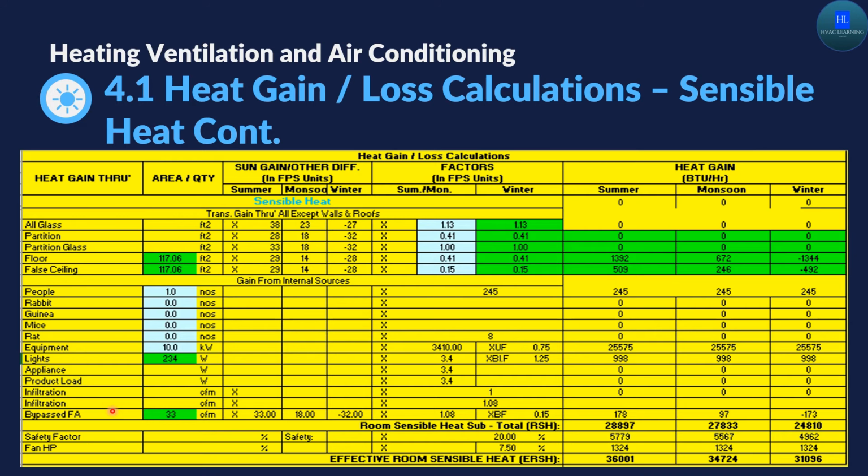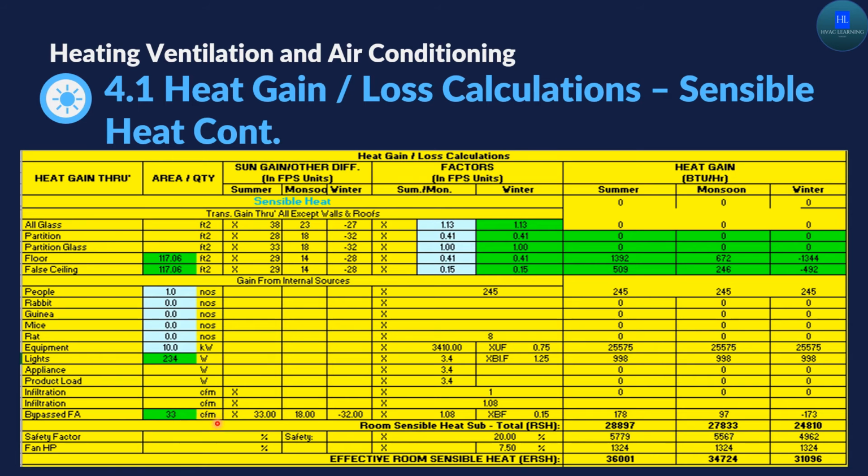So 70% will approach the wet bulb temperature, but 30% will pass through the air. That will not come in contact with the cold surface of the chilled water and will not dissipate any moisture. That is called bypass fresh air. So we consider some percentage over here.